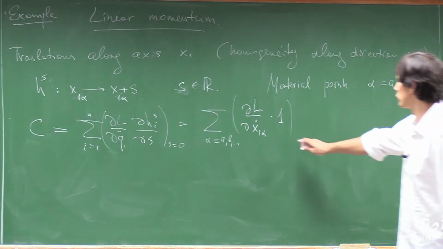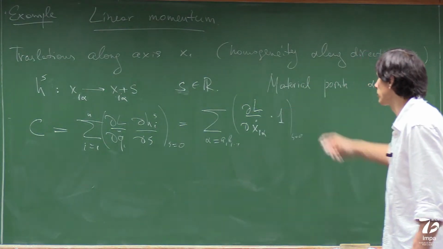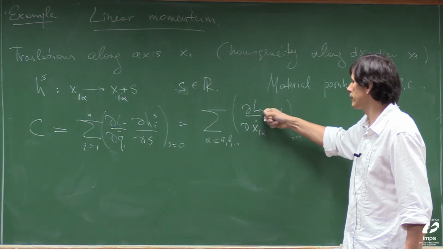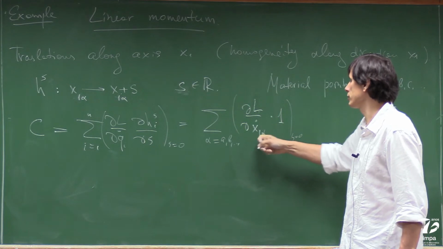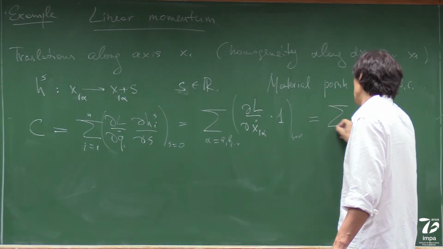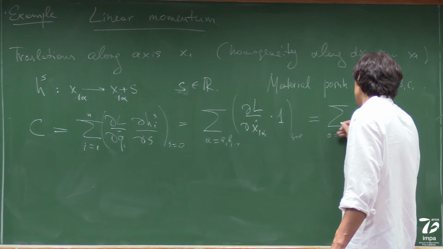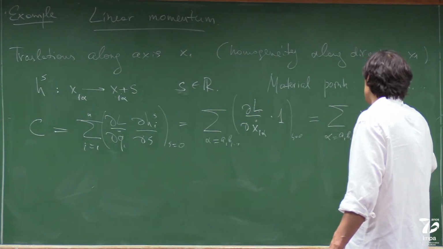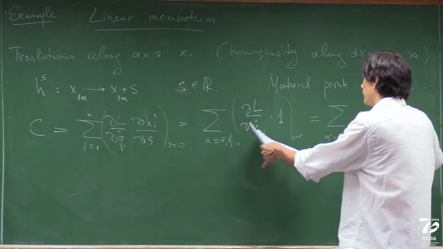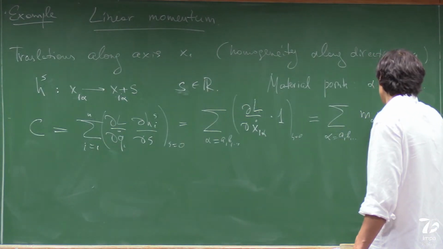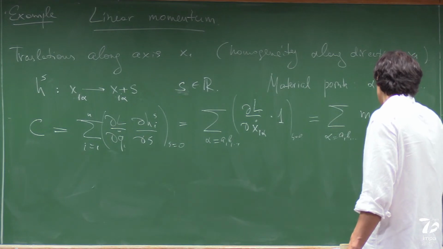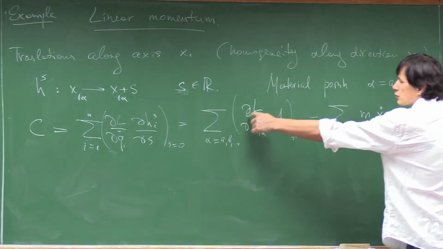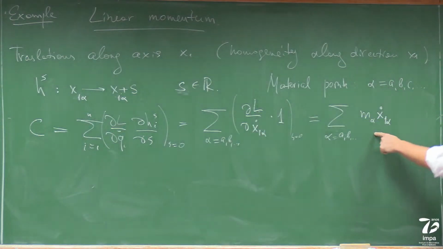We don't even need to put s equals 0 because it's automatic already. And now remember that the derivative of the Lagrangian with respect to velocity is always mass by velocity in this direction.